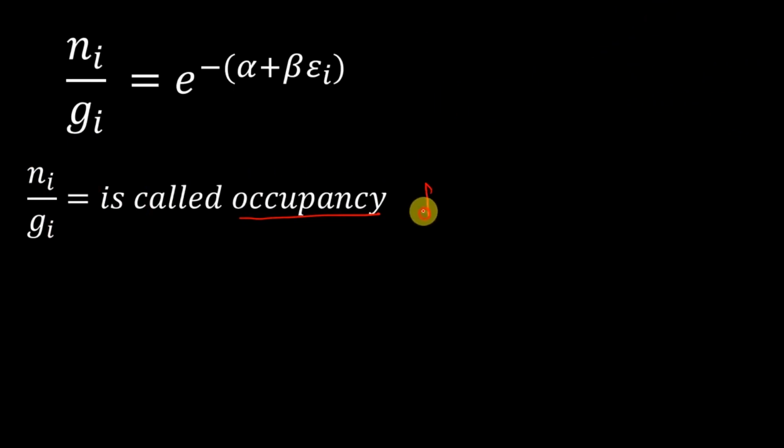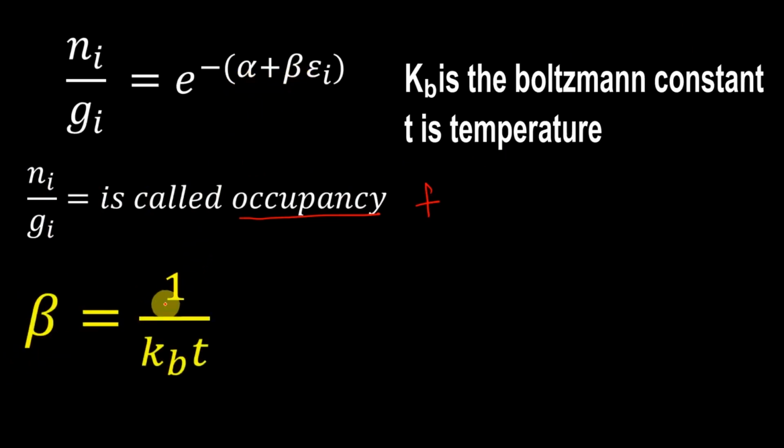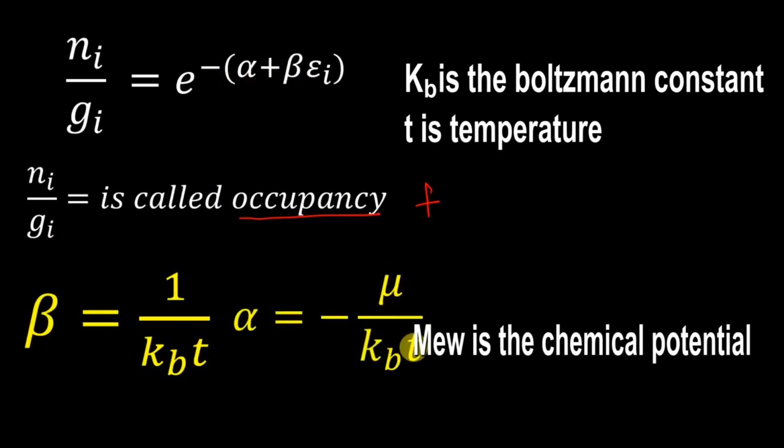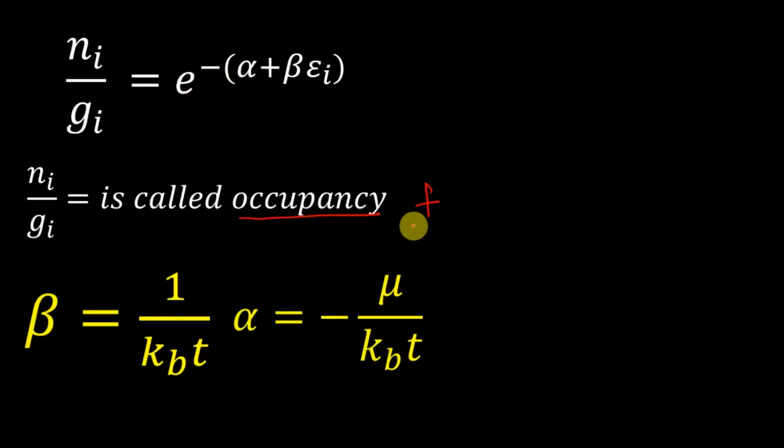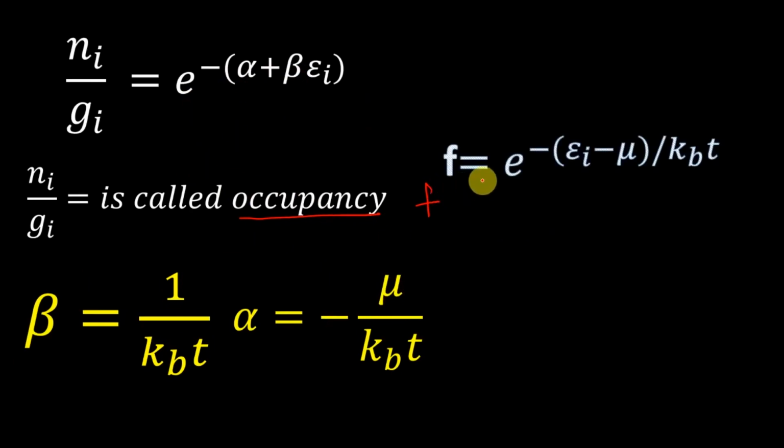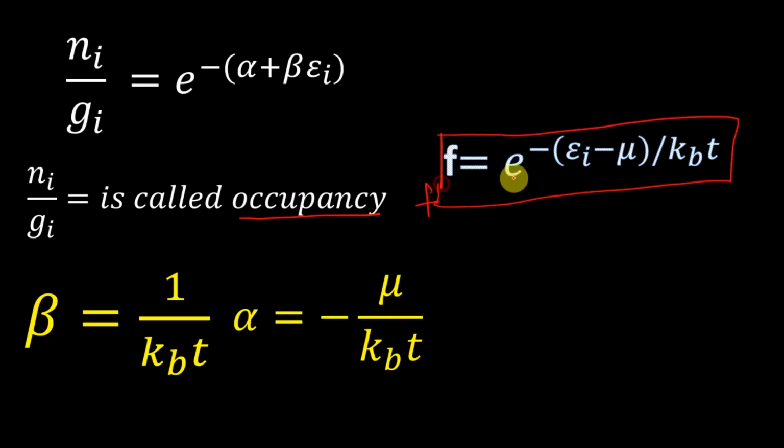So we will denote it by F. And after deriving this alpha and beta comes out to be, this beta comes out to be 1 upon kBT, and this alpha comes out to be minus mu upon kBT. So after putting all this, we have this thing F is equal to e raised to the power minus ei upon kBT minus mu upon kBT. So this is the more familiar version of the Maxwell-Boltzmann distribution law, which is after putting these Lagrange's multiplier.